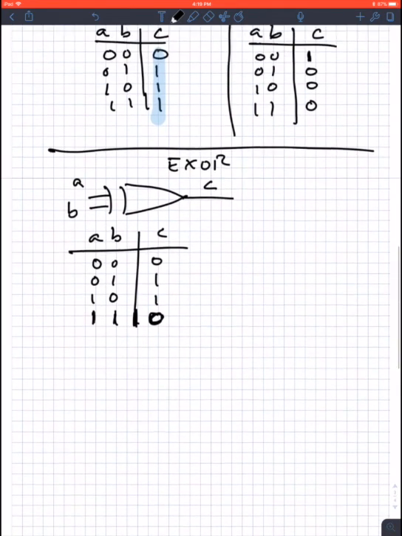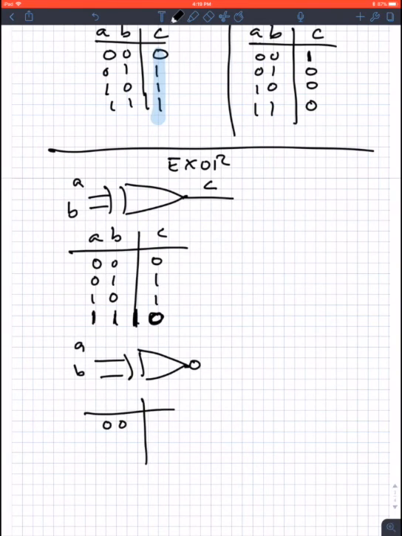Okay. What if I took the exclusive OR and inverted that? What do you think you'd get? Well, I think you could predict that pretty easily. Here's A, here's B, and here's the output C. All right, it's like an exclusive OR, only you invert it.